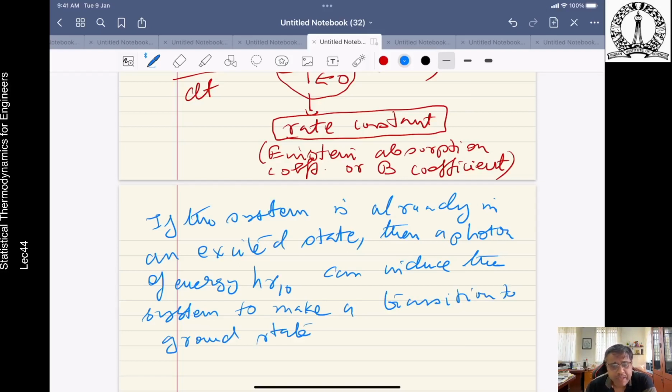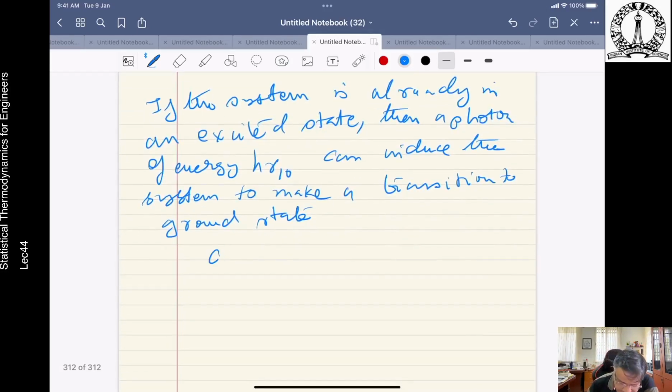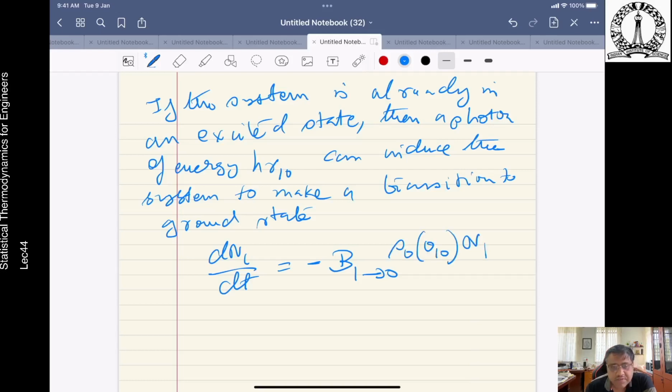So that means dN1 by dt will be given as minus B 1 to 0 rho nu 10 into N1. Remember, this is N1, not N0. Okay, so this is called the stimulated emission coefficient.